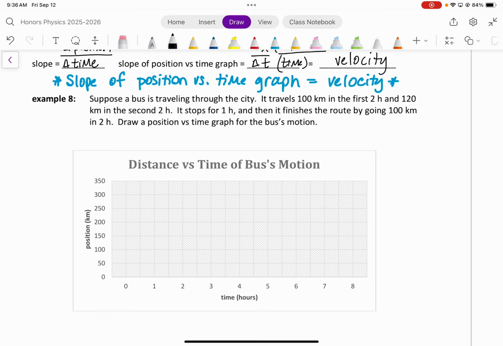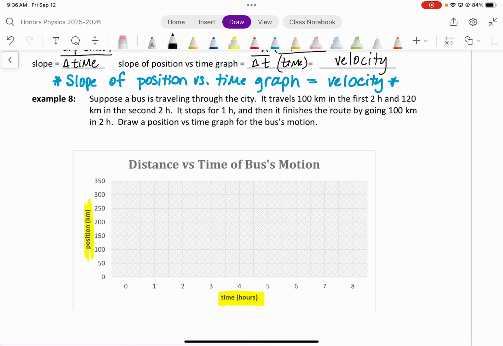Okay, so we have our position over here on the y-axis in kilometers, and we have the time in hours. So we're going to be graphing something instead of meters and seconds, we're going to be using kilometers and hours. Totally fine, because what's given to us in the problem is in kilometers and hours. All right, so suppose a bus is traveling through this city.